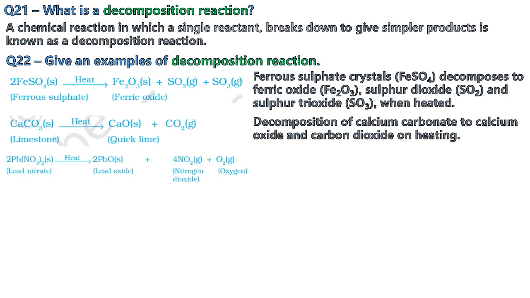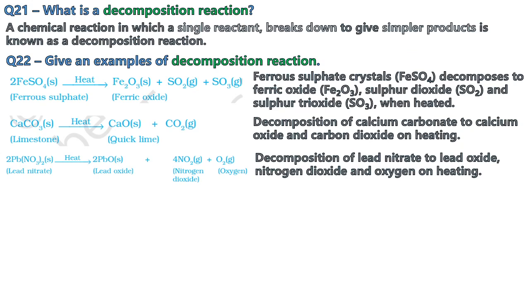Similarly, if you take lead, Pb is lead, NO3 is nitrate. Just like SO4 is sulfate, NO3 is nitrate. So lead nitrate, which is Pb(NO3)2. When you heat it, it breaks into lead oxide, which is PbO. Pb is the symbol for lead.